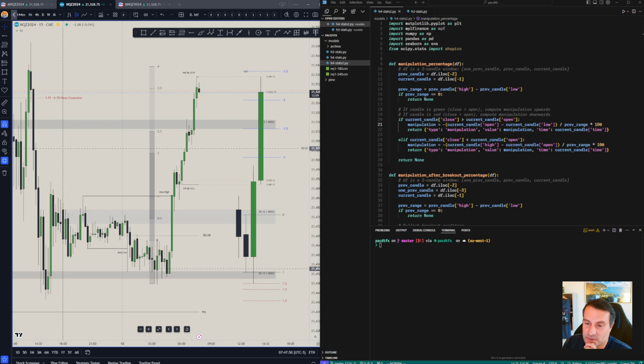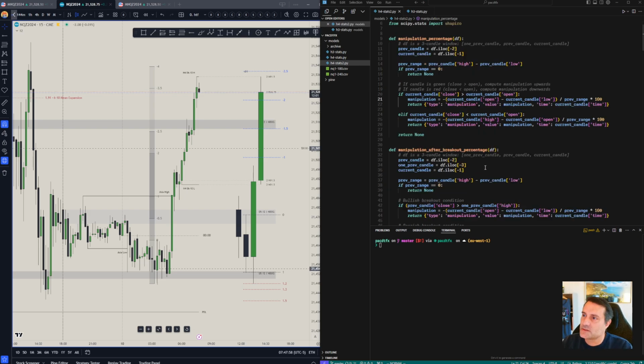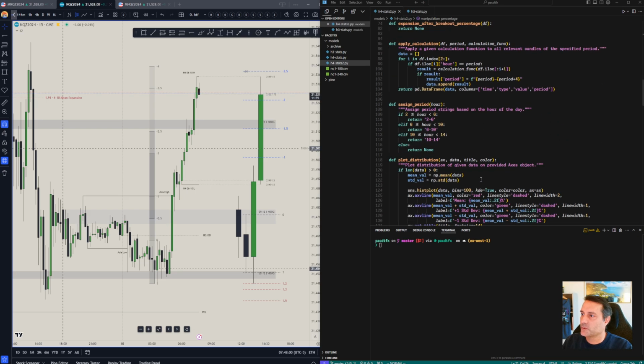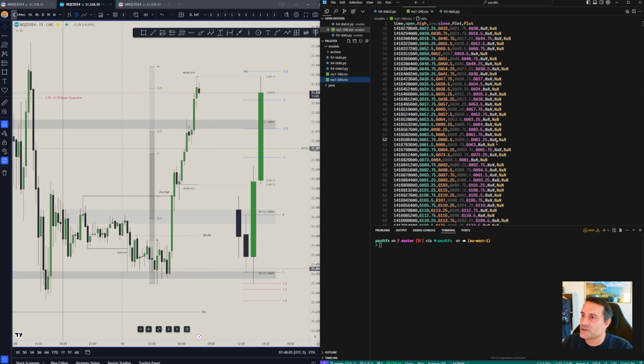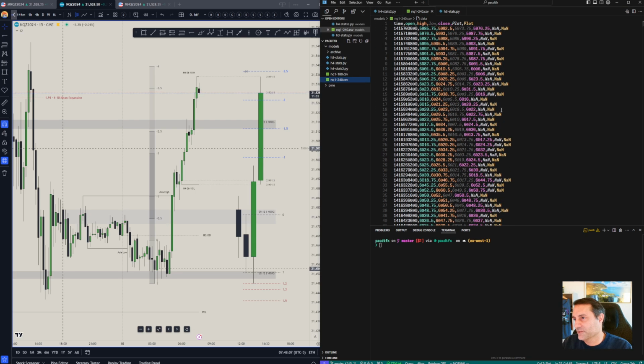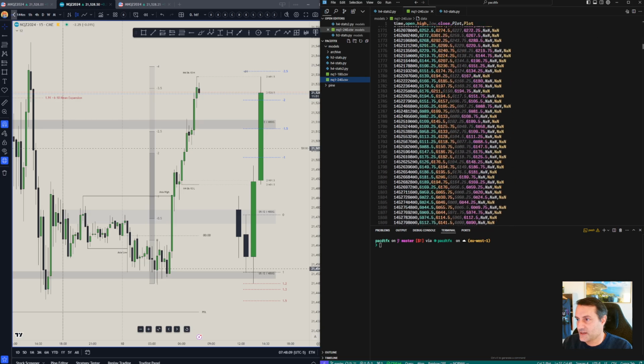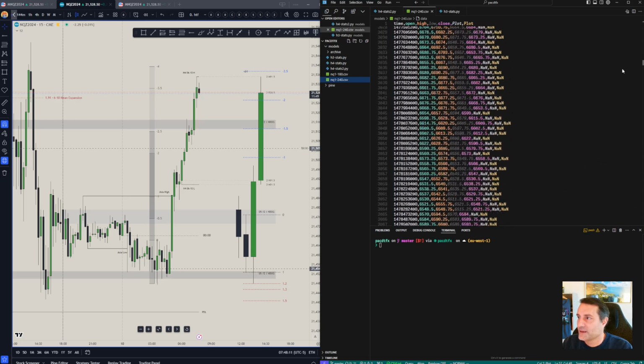And in the past few days, as you know, I'm coding an indicator. I'm coding lots of stuff. In the past few days, I've been working on some statistics. I have this data, which is all the closes, basically all the H4 candles since 2016, provided by TradingView.